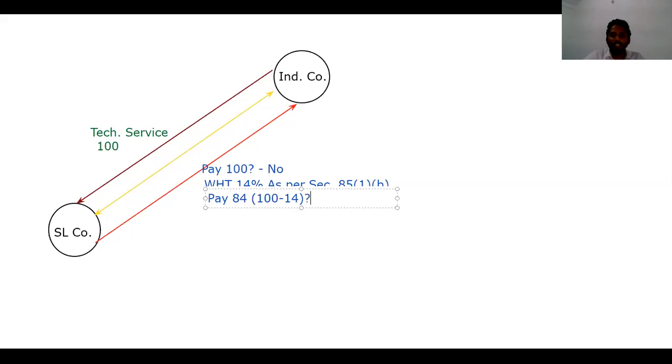Are we going to pay 86? Can anyone tell whether we are going to pay 86? I will appreciate the correct answer. If you know this one, then you know international taxation as well.